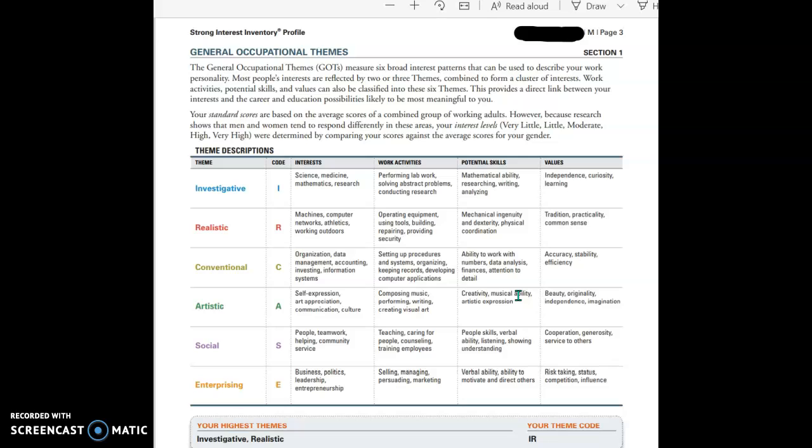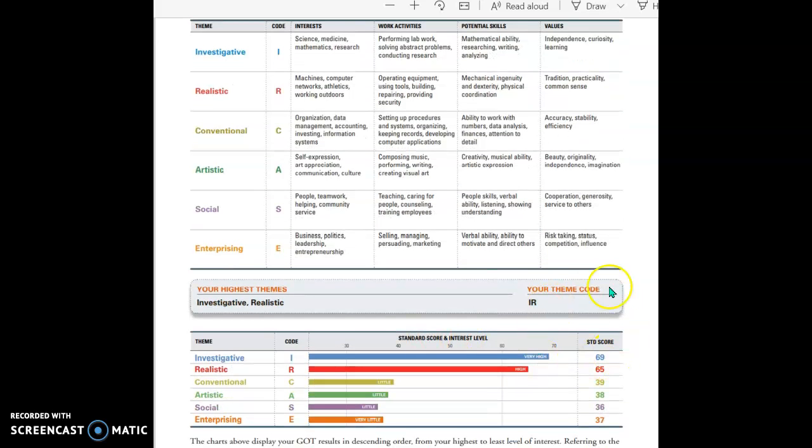So page 3 is actually where your actual results will begin. And obviously your results will look different than the ones that I'm displaying here. The key element on this page is your Holland's theme code, which will be right here.